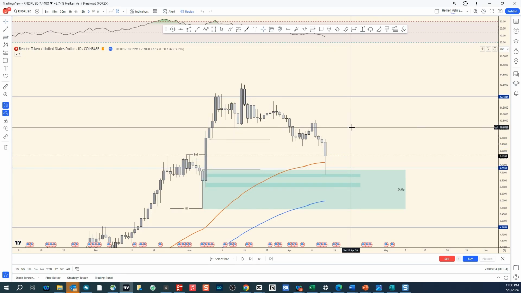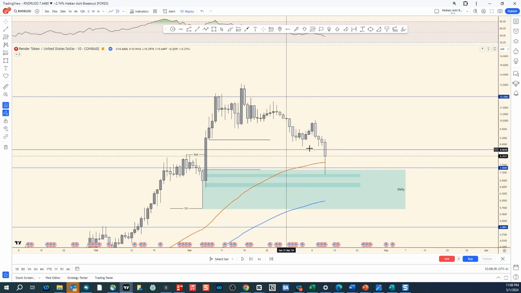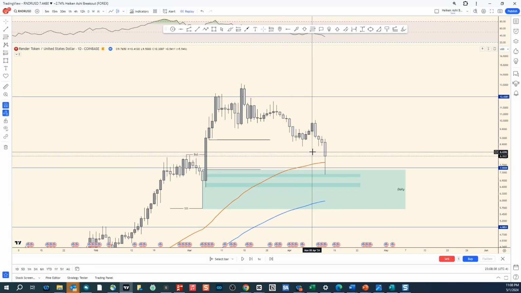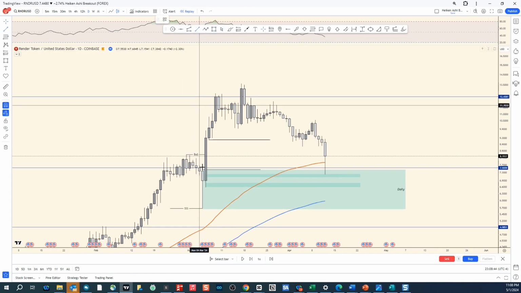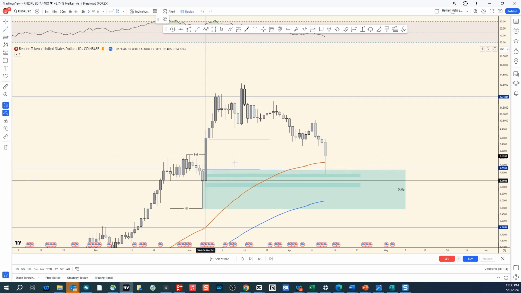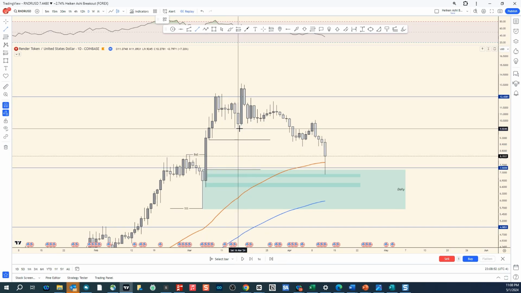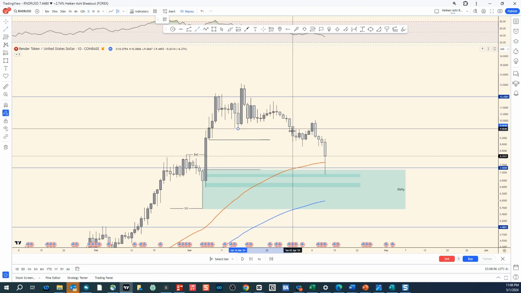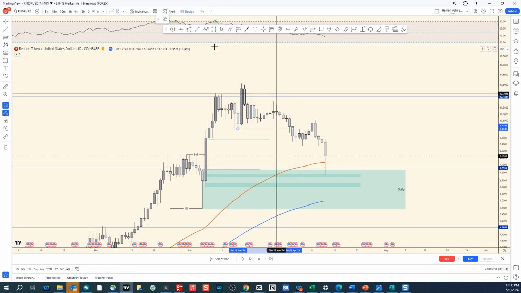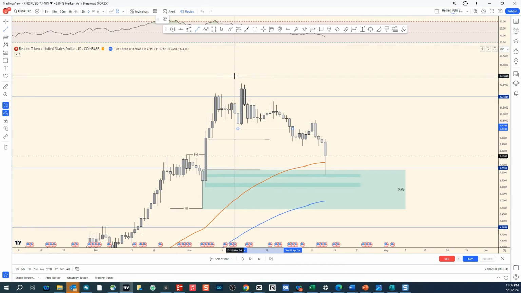Now, if I'm looking at the chart here and I see this, a couple things I would mark up here. Just like we marked up everything on the bullish side, I do like to mark everything up on the bearish side. So starting here, we do have a change of character. We have a change of character where this low is being taken out on the downside.